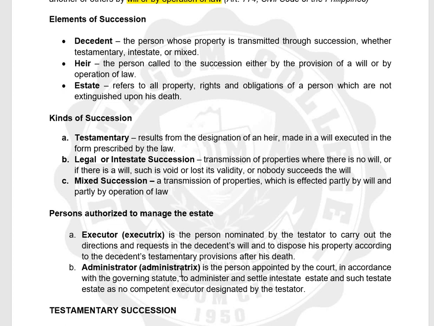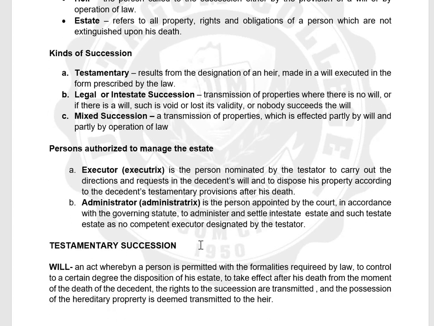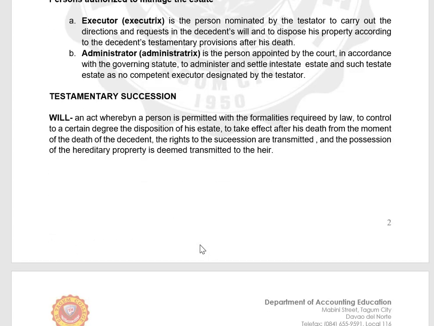However, in absence of the executor, si court naman, pwede siya mag-appoint. Diba? So, pag ang nag-appoint ay si court, ang tawag doon is administrator. Okay, so we'll proceed to further discuss testamentary succession.